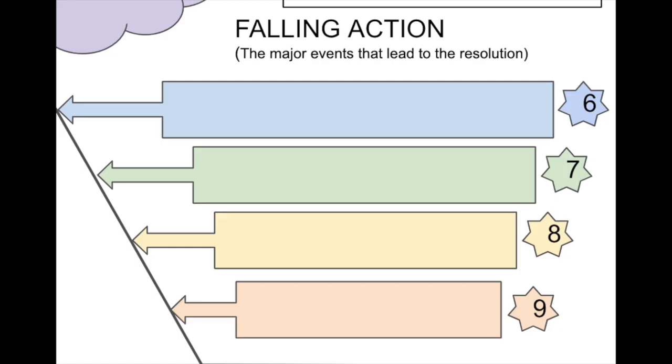So after the climax of the story happens, there's typically events that happen afterwards that lead to different resolutions at the end of the story. So be looking for what happens to each of the characters at the end of the book that lead to the resolution. Okay? And you'll see resolution in the bottom right-hand corner.